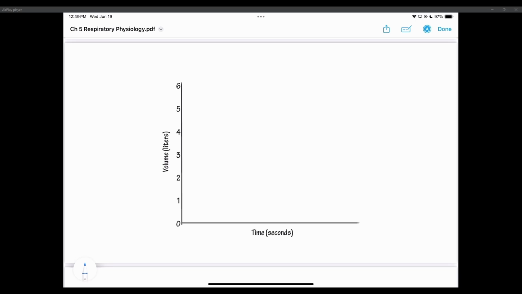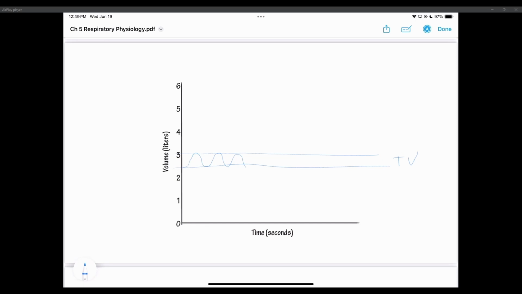So we'll start right here, and our tidal volume, TV for tidal volume. That's just you right now, breathing in and out, nice and relaxed. This is your tidal volume, in and then out, and then in and then out. That's just your normal tidal volume.